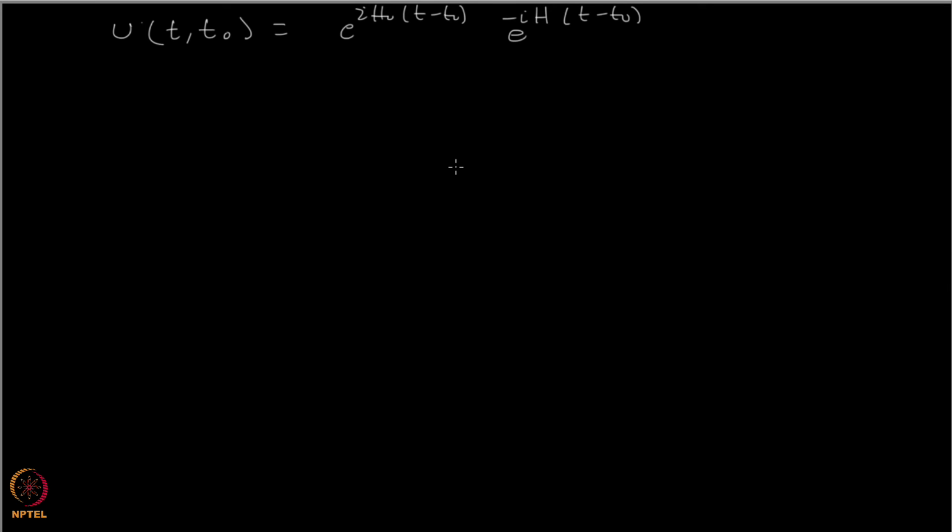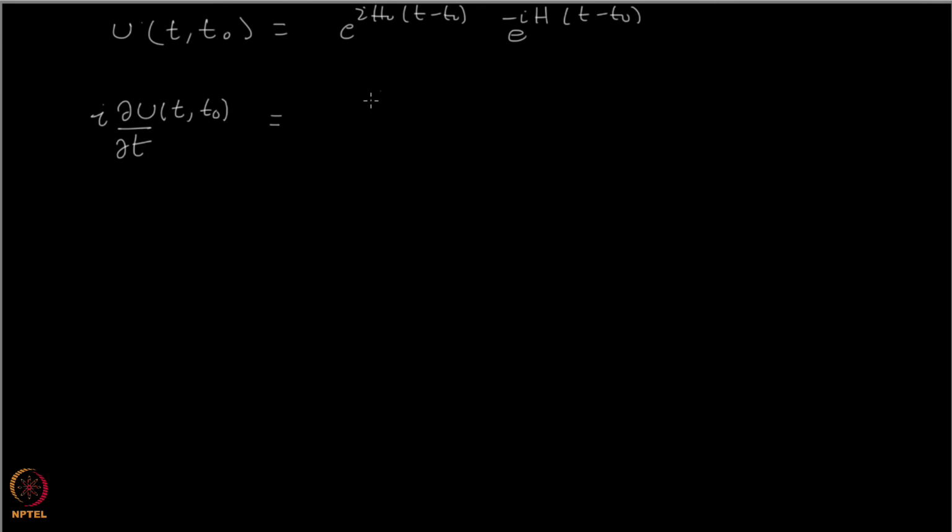I will be able to turn the entire U into an expression involving only phi_I. So let's do this. Let's multiply with i and take a derivative of U with respect to time t. I am putting a partial derivative because U is a function of both t and t0, and I am taking a derivative with only t. So let's see what it gives.